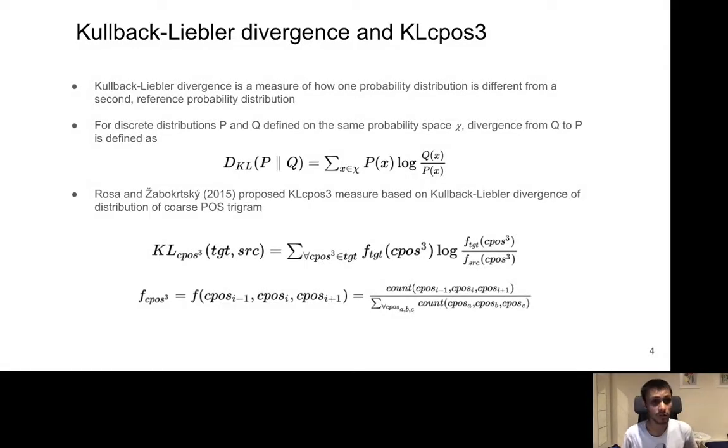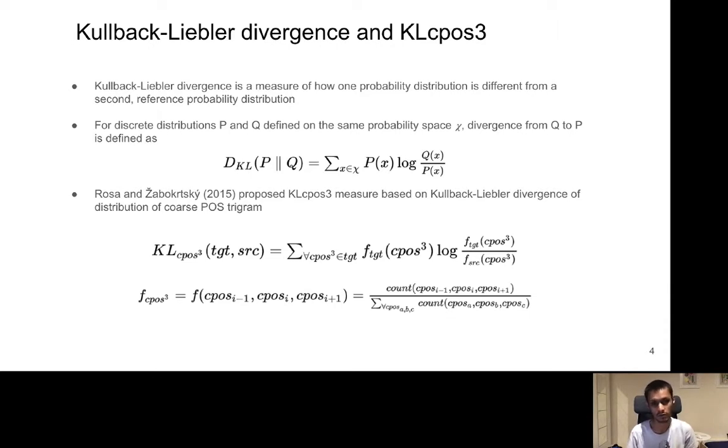We start with the definition of the Kullback-Leibler divergence, which measures how different one probability distribution is from another. Extending the Kullback-Leibler divergence, Rosa and Zabokrtsky proposed the KL_cpos3 measure, where they tried to measure how much the distribution of coarse POS trigrams differs in two different treebanks, with the distribution of a POS trigram being given by the formula below.